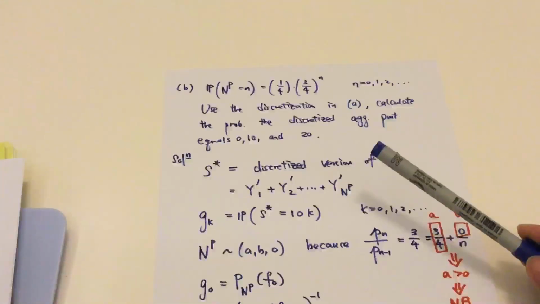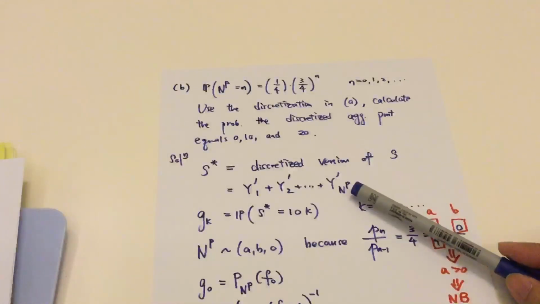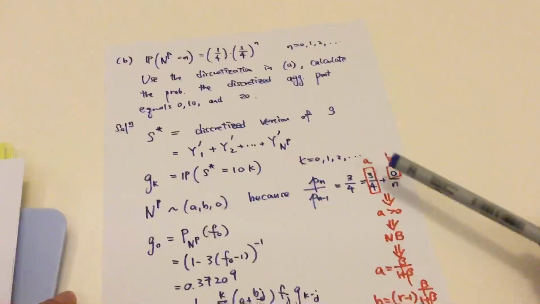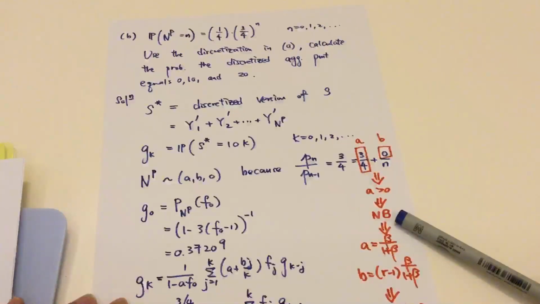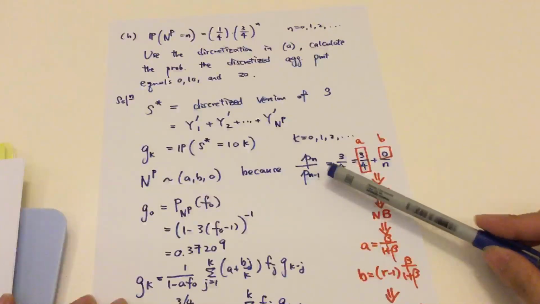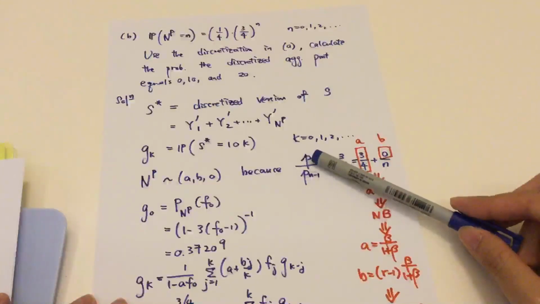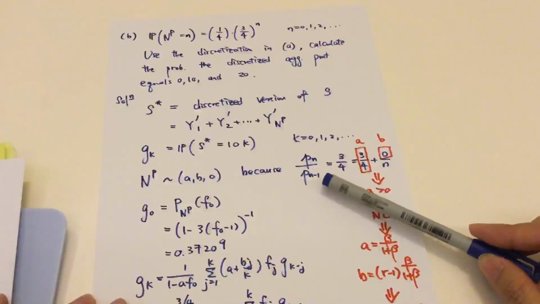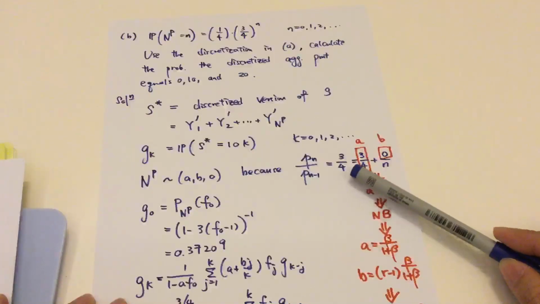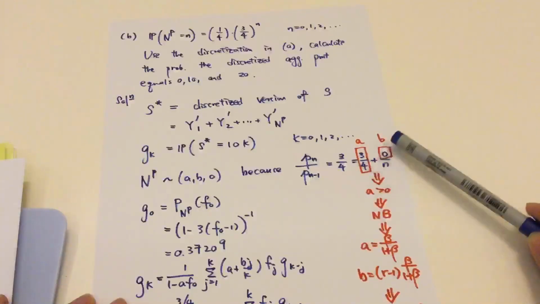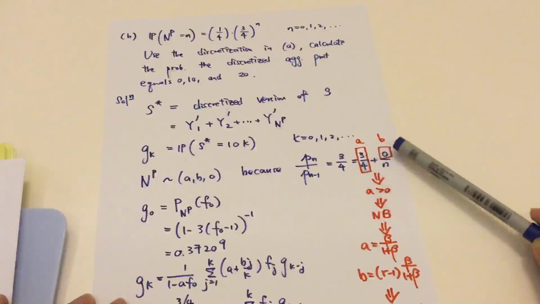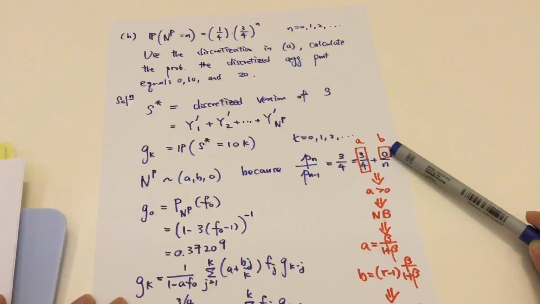So basically we can use Panjer recursion because this N_P, if you look at the probability mass, is naturally a negative binomial distribution. So you can verify this by looking at the ratio p_n divided by p_{n-1}. It is actually 3 over 4, and you can write it as a plus b over n, with a being 3 over 4 and b being 0.